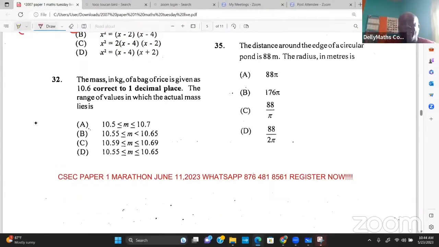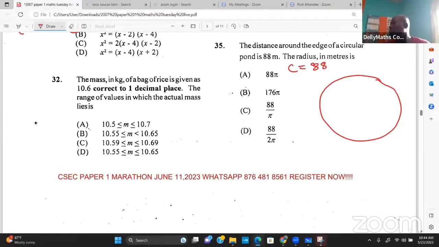35 is saying that the distance around the edge of a circle is 88. So here is my circle, right? So what they're telling me is that the circumference is 88, because the distance around the edge. And the question went further to ask for the radius.